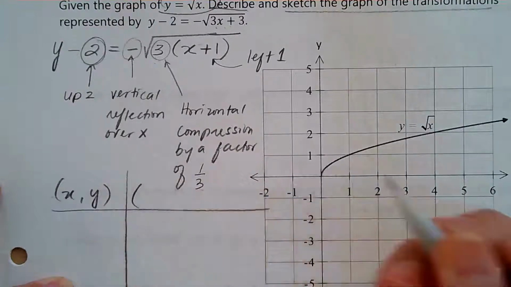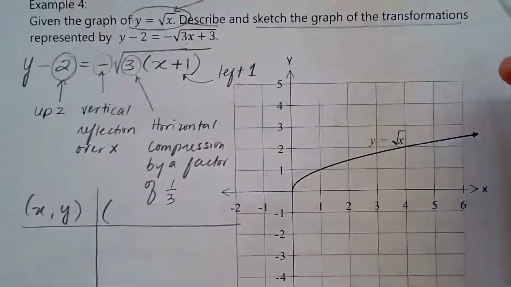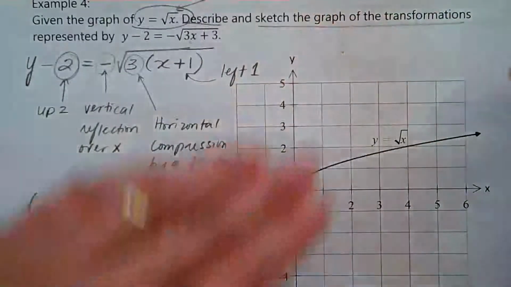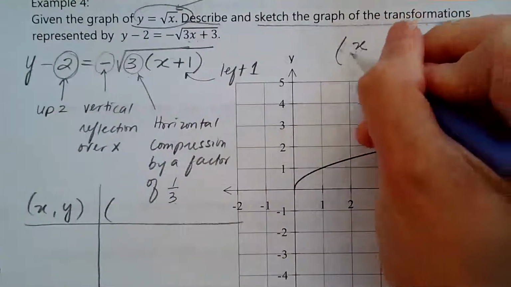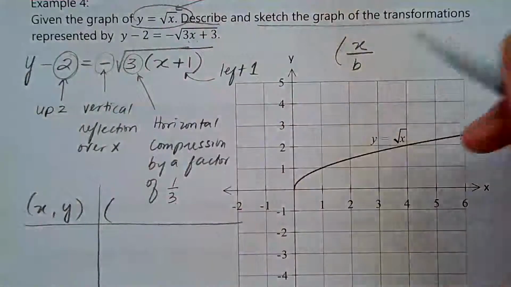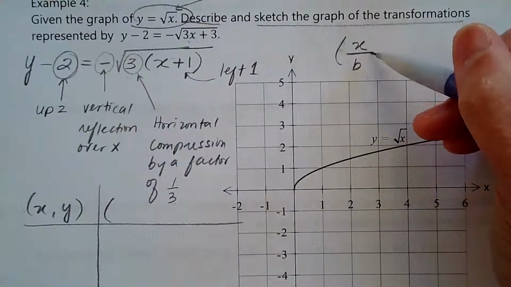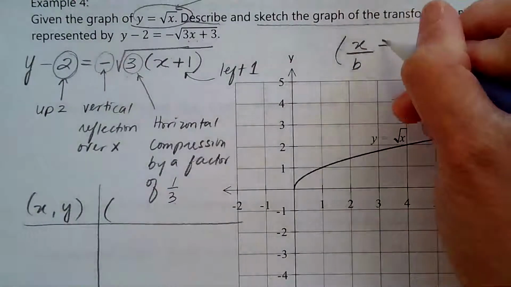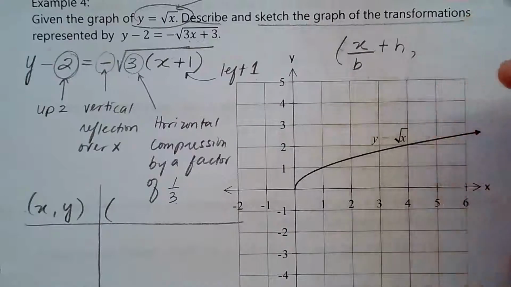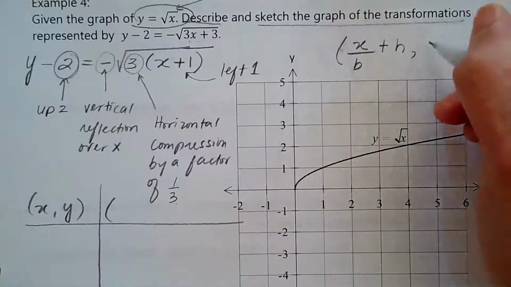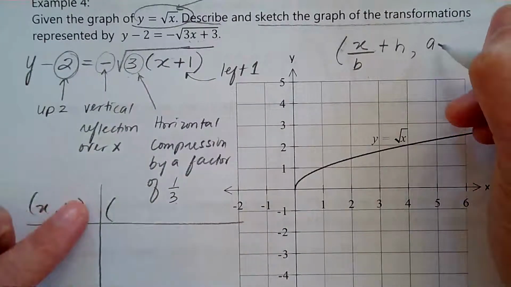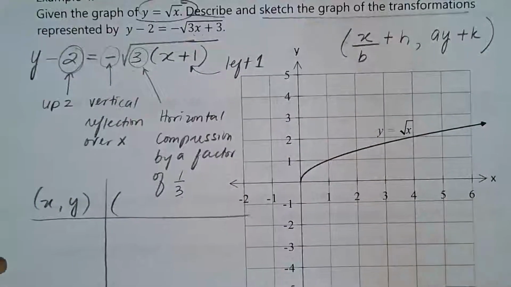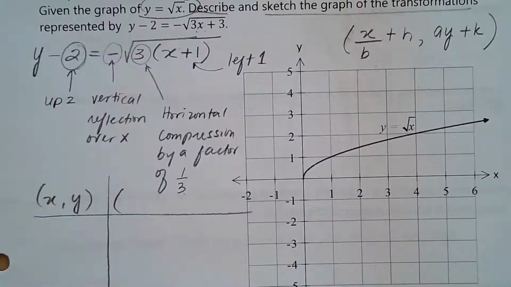The mapping looks like this: x divided by B, or the same thing as multiplying it by 1 over B, plus h, horizontal shifting, and then a times y plus k, vertical shifting. That's straight.